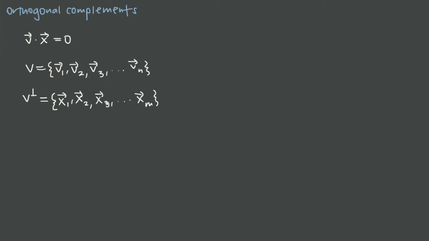So you get the idea. Every vector in v is orthogonal to every vector in v perp and vice versa. That, of course, means that I could take the dot product of any vector from the set v and any vector from the set v perp, and the dot product of those two individual vectors would be 0.